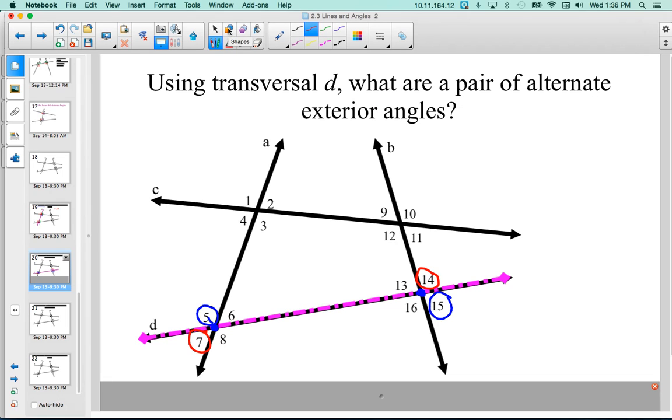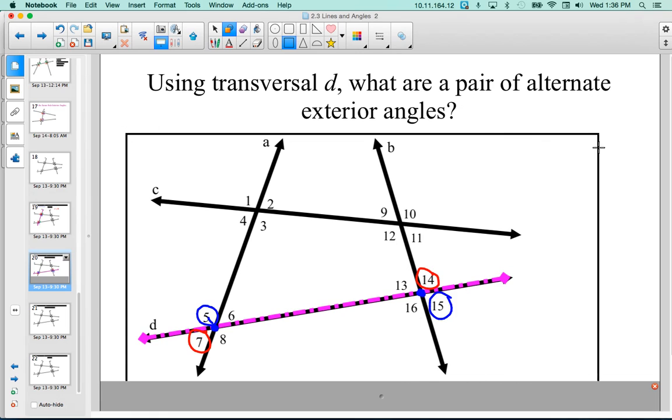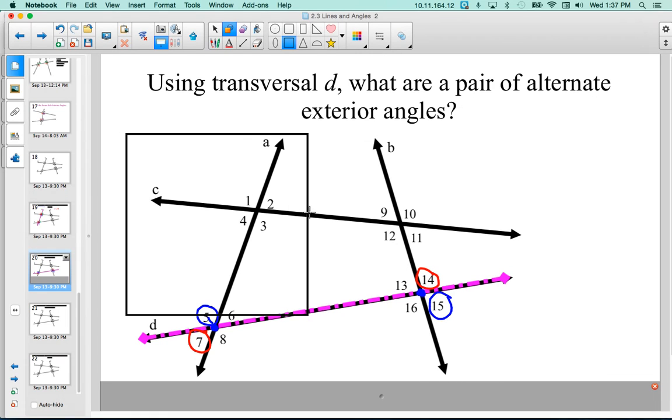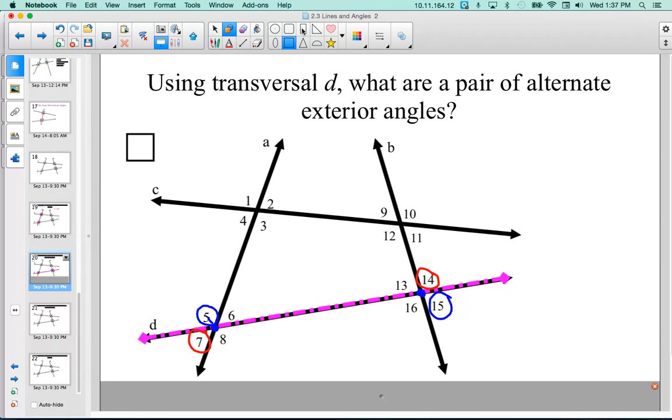I could probably do it with a box. Unfortunately, I think this box is going to be huge. Oh, that was a square. I don't want a square. I want a rectangle. Let's try a rectangle.